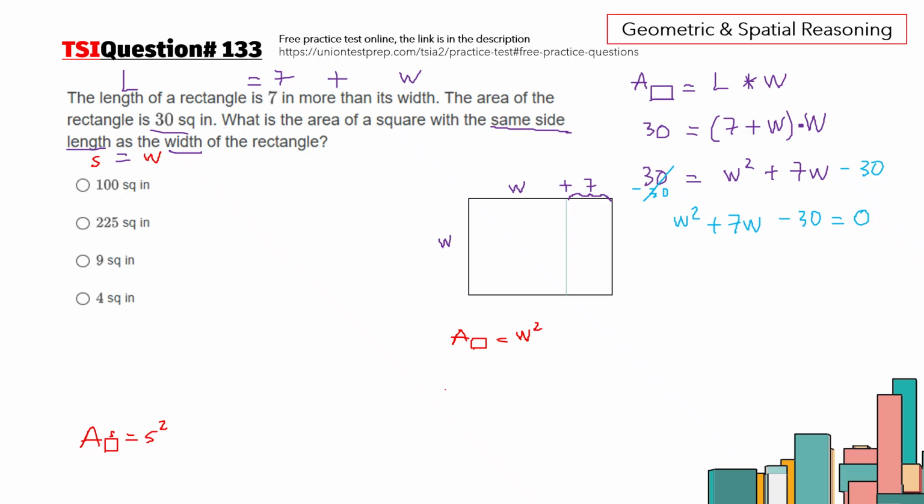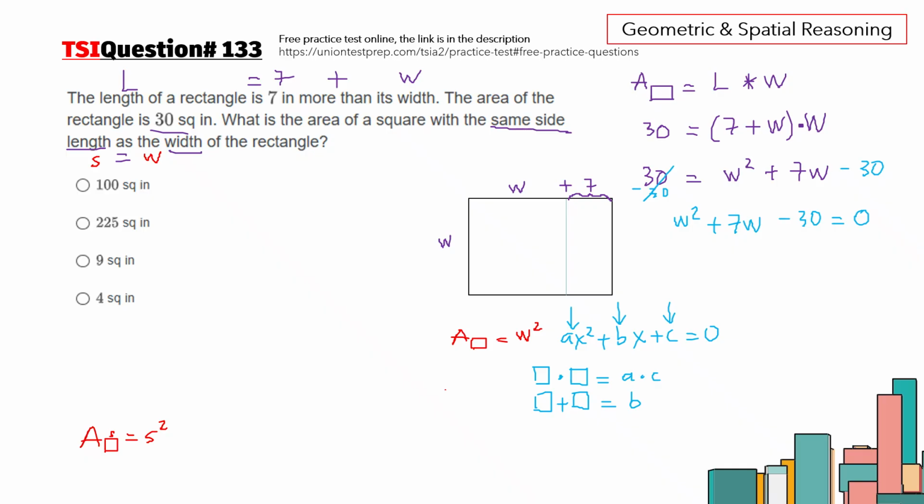Now we can use the AC method to solve this. The AC method says you have ax squared plus bx plus c equals 0, where a, b, and c are the coefficients. You find two numbers that multiply together to equal a times c, and when you add them up, you get b.